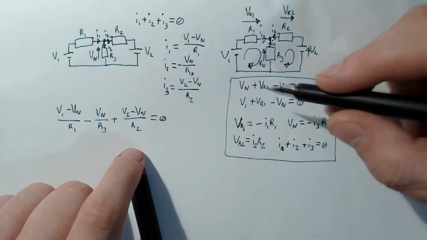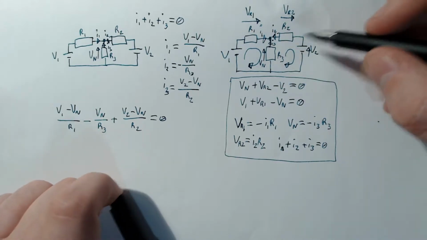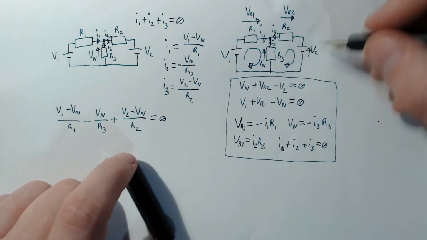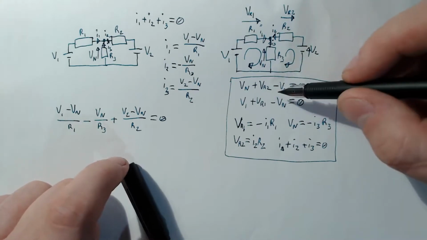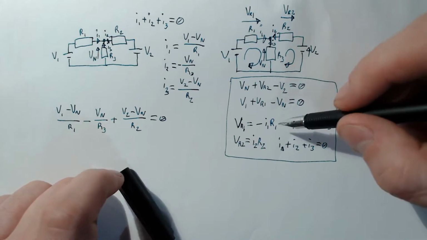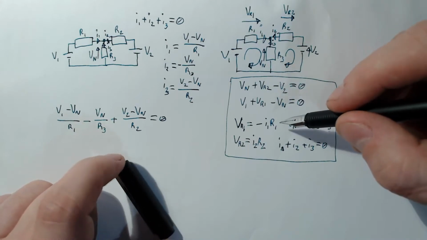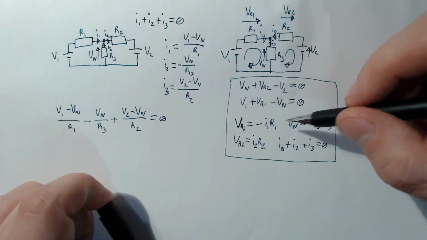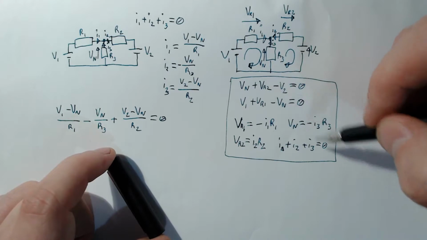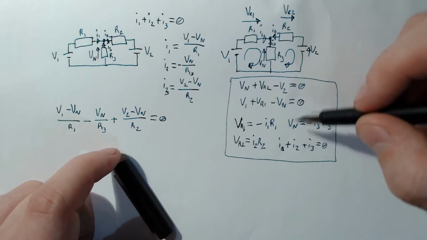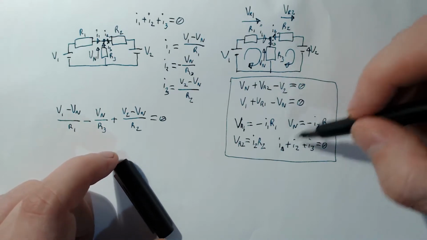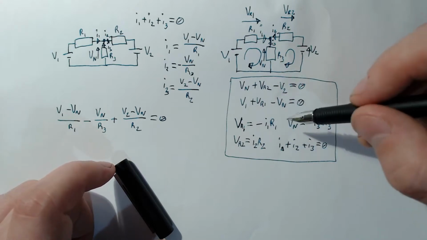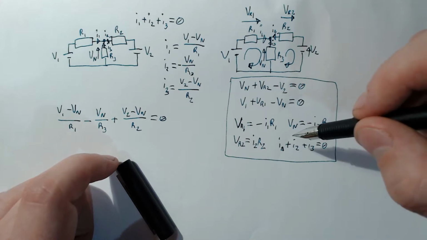So if we want the same thing over there, which is what we want if we want to find Vn and not a current first, we want to leave these voltages here. But we don't want the currents. I think this way you tend to get the currents first. But yeah, we can rearrange these, put those in that equation, and then get a third simultaneous equation to solve.